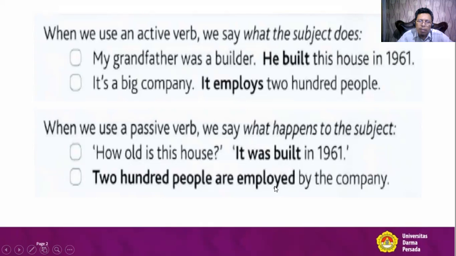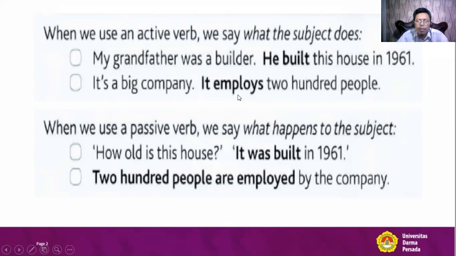So if somebody asks, what happens to the 200 people? The answer is, 200 people are employed. Before we go on to the next page, I would like to repeat again. The active verb originally follows the subject directly: build, employs.